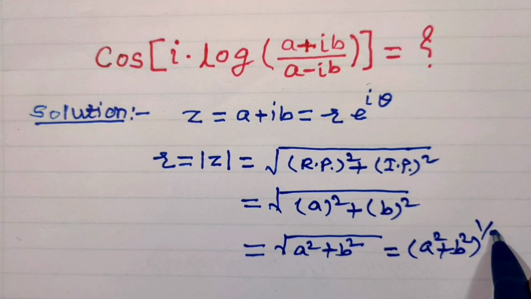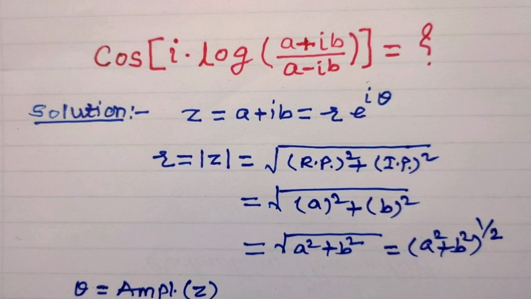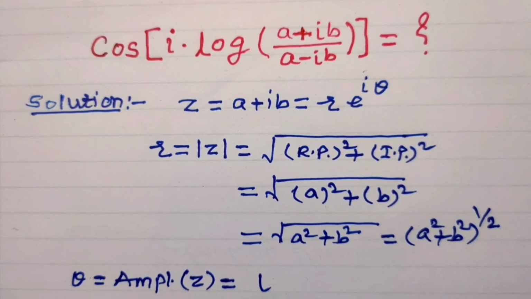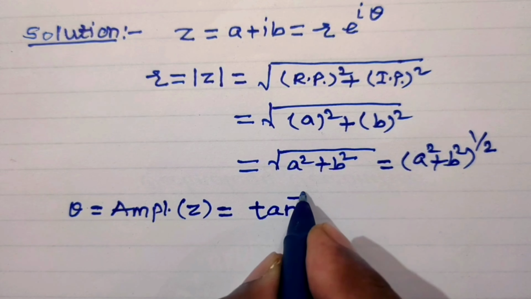Now let us find theta. Theta is equal to the amplitude of z or argument of z, and this is given by tan inverse of imaginary part divided by real part. Here imaginary part is b and real part is a. So this is equal to tan inverse b upon a.